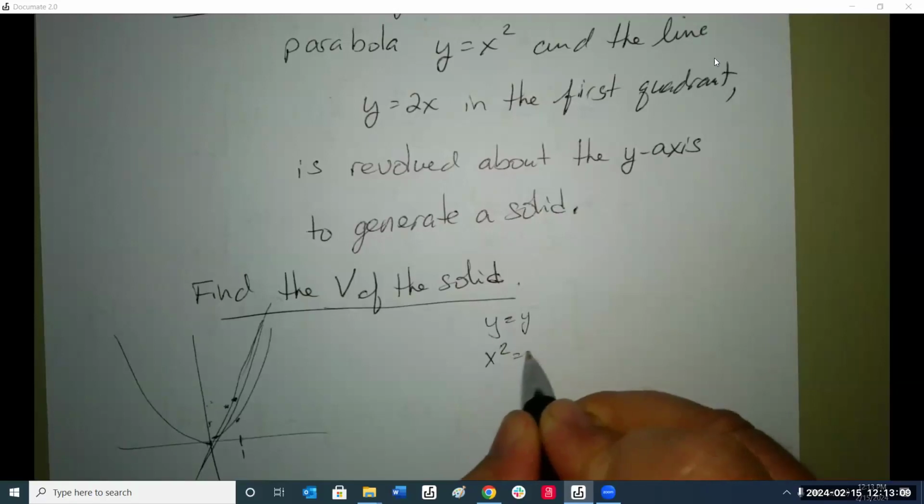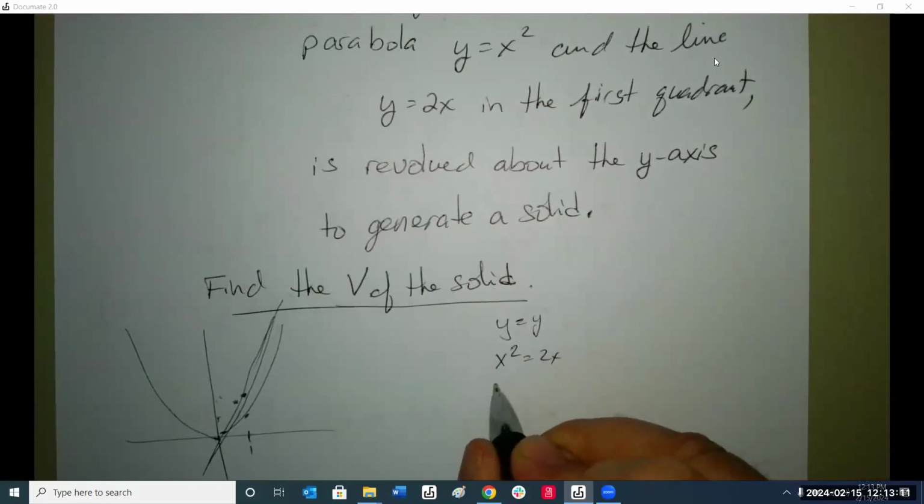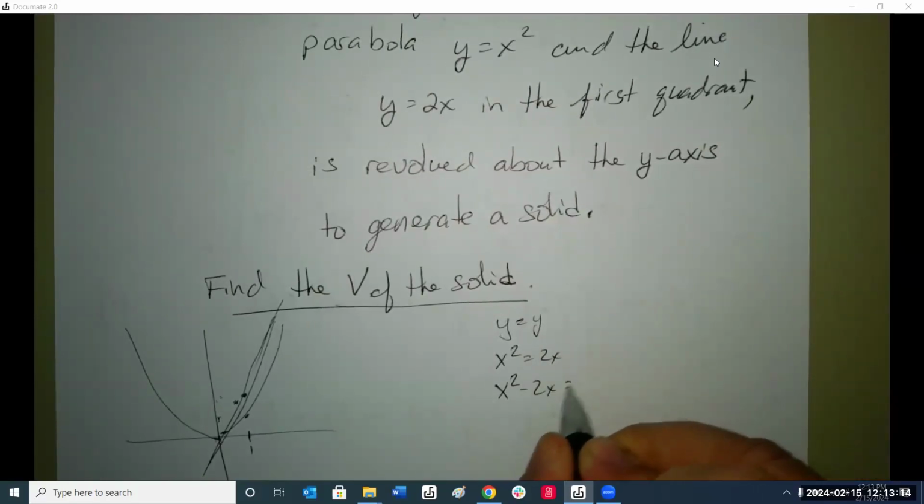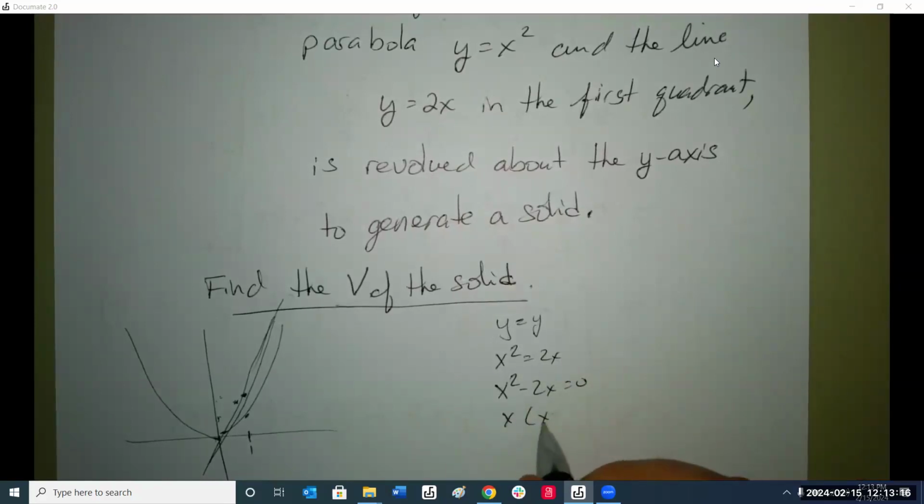So x squared equals 2x, so at x equals 0 and x equals 2.